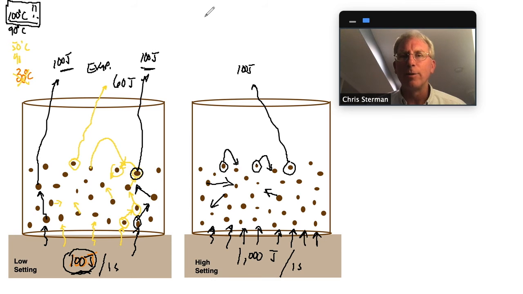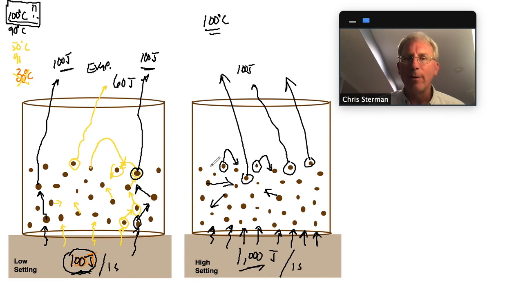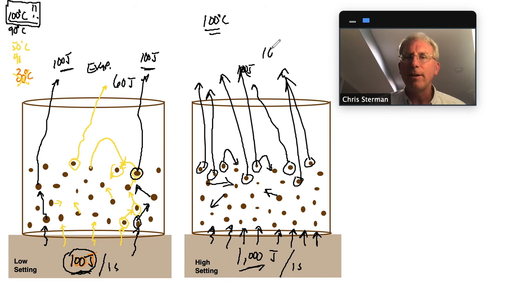And eventually we're going to get to the magic 100 degrees Celsius number. And at that point, I've got 1,000 joules of energy coming in. So I need to get 1,000 joules of energy to go out. So I need all these particles to start leaving the container as fast as they possibly can, carrying with them 1,000 joules of energy.